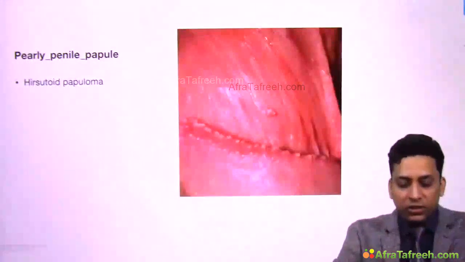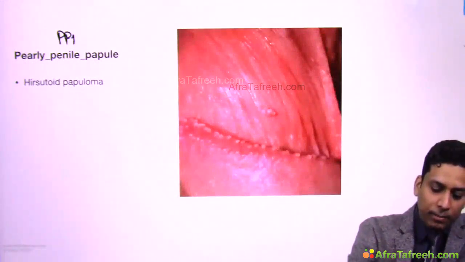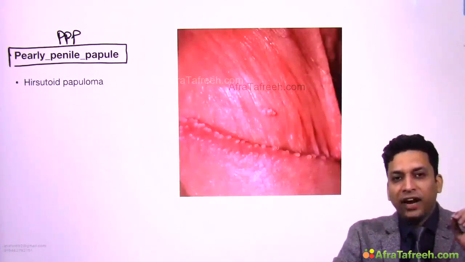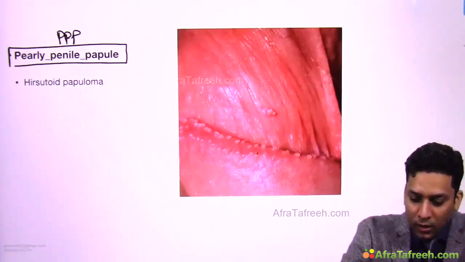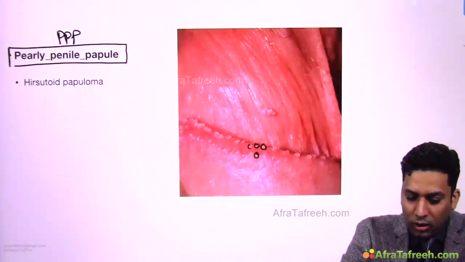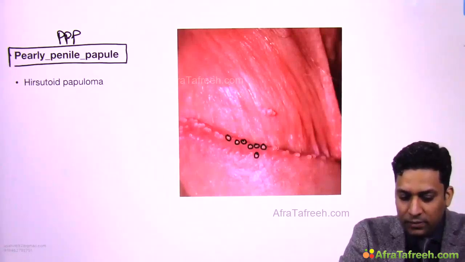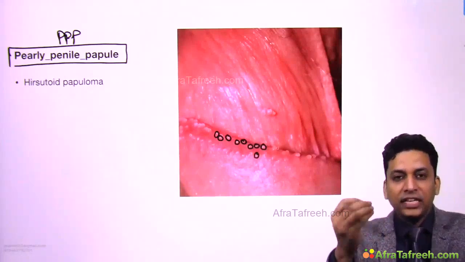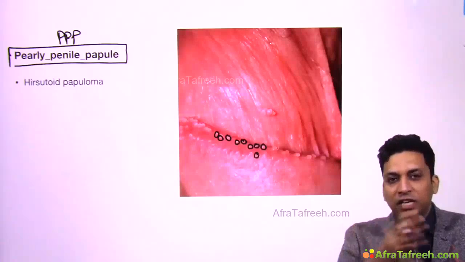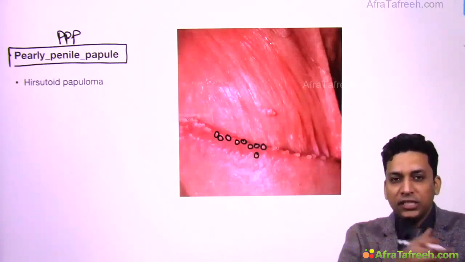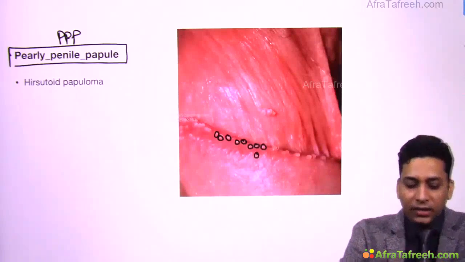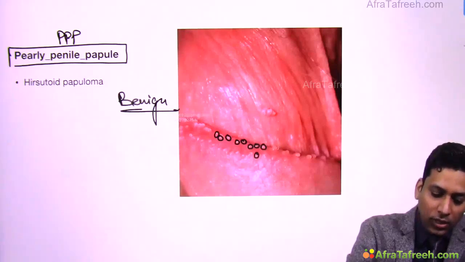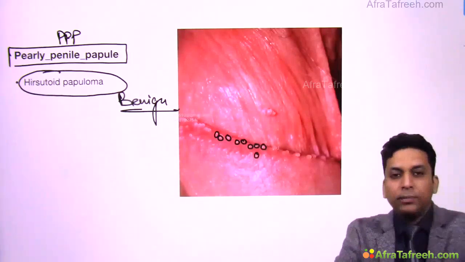Now there is a condition which is known as PPP, pearly penile papule, and in this condition you will find these soft outgrowths at the coronal sulcus of the penis. And this is a very distressing condition for teenagers, because initially they were not present, but during puberty these lesions develop. But remember that these are benign lesions, also known as histoid papilloma.